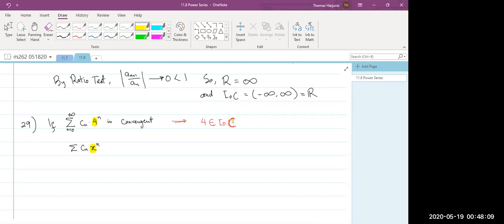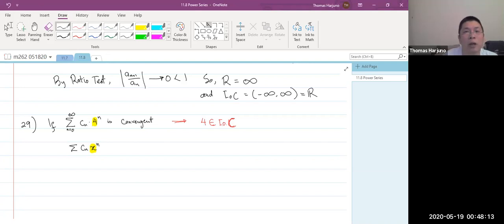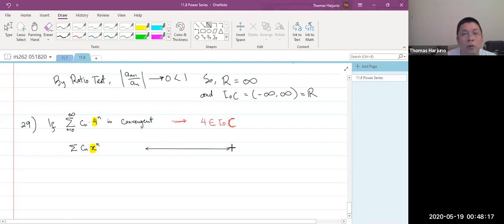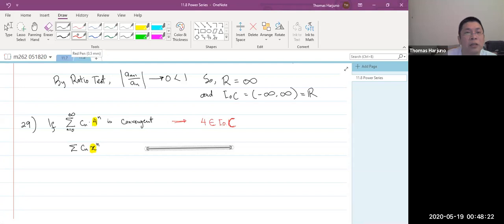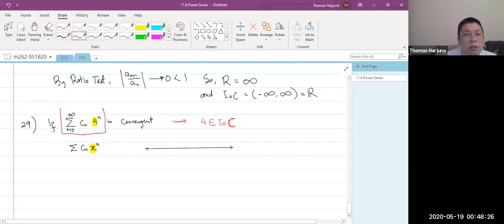Okay. But then on the number line, this series here is the series centered at 0. And when x is 4, it is convergent.